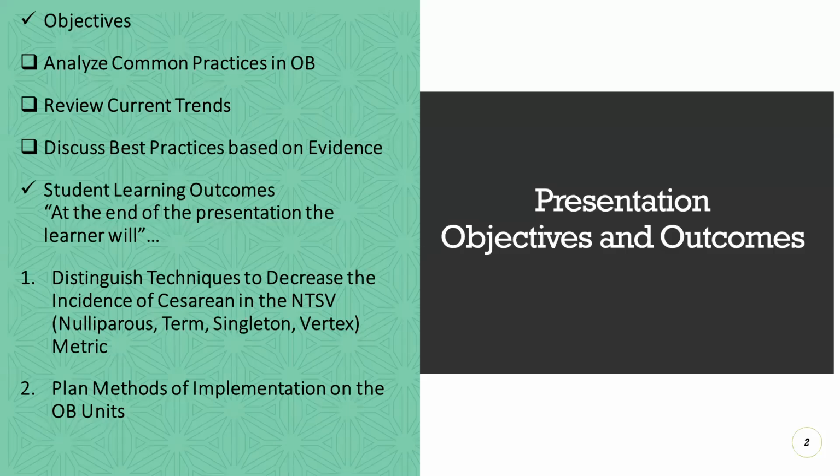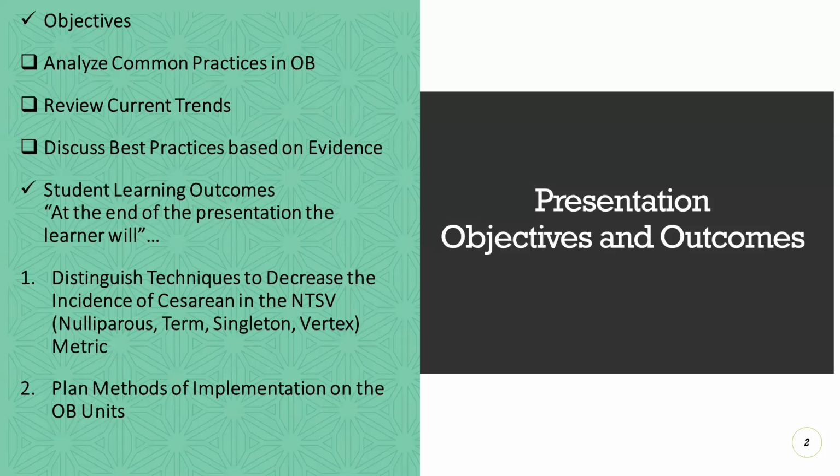Our objectives today, we're going to analyze the common practices that we see in our OB units. We're going to review some of our current trends, discuss best practices based on the evidence. And at the end of this presentation, the student learner will distinguish techniques to decrease the incidence of cesarean section in the low-risk population, which is commonly called the NTSV, nulliparous term singleton vertex, and plan some methods of implementation on your own unit.